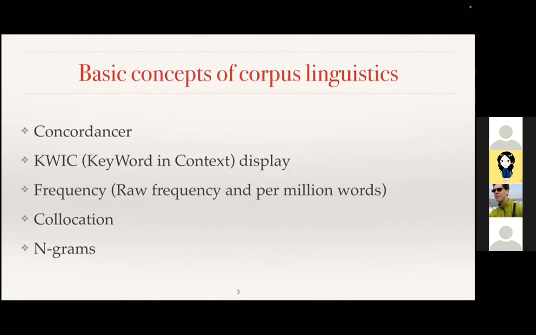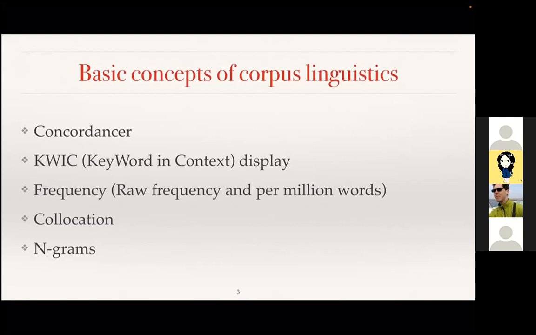Okay, here are some basic concepts of corpus linguistics. Corpus linguists use a tool called a concordancer to search for words and show them in a quick display, keyword in context display, count frequency, and find out collocations and n-grams.